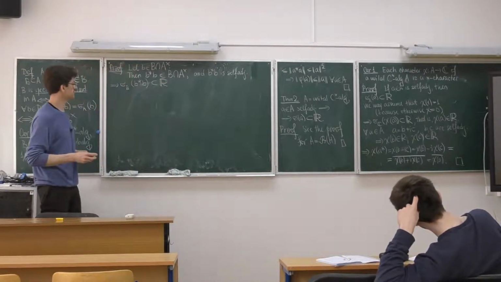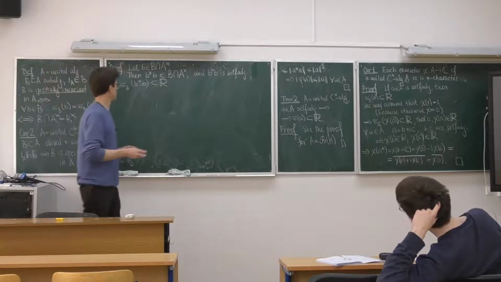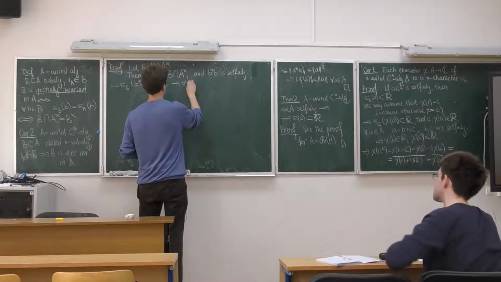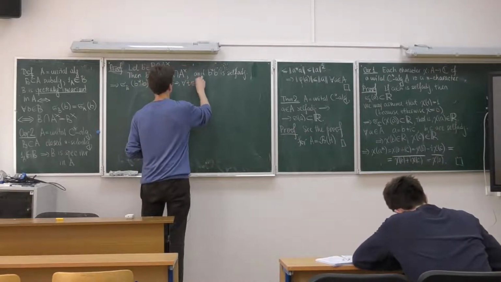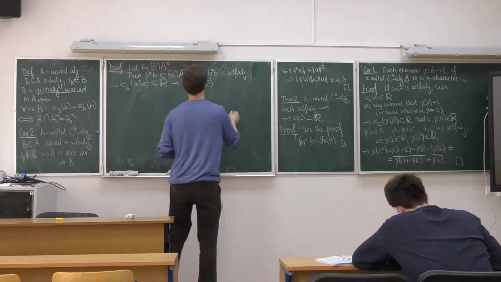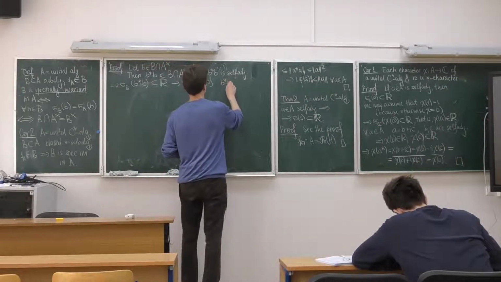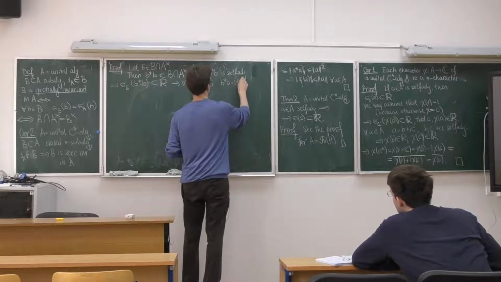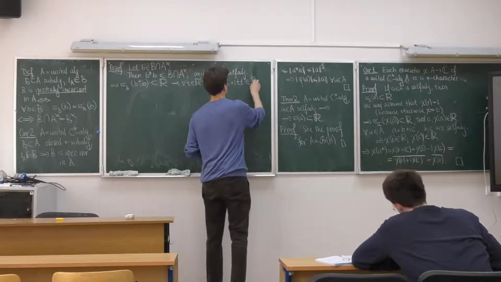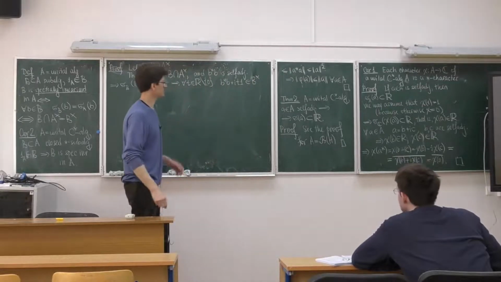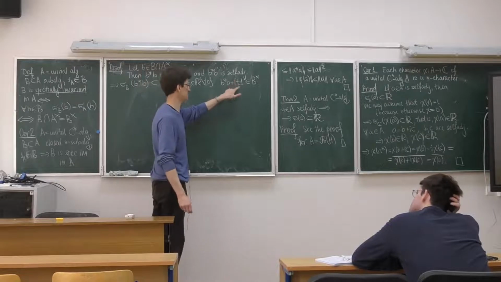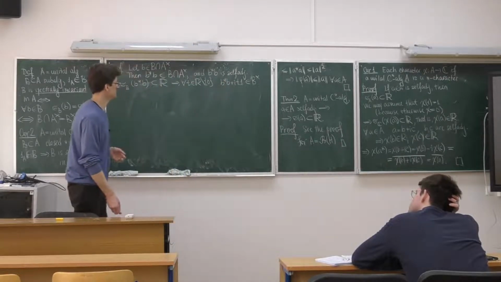And this implies that if you take an arbitrary non-zero real number t, then the element b star b plus it times 1 is invertible in B. Because minus it, which is not real, is not in the spectrum. So this element is invertible.